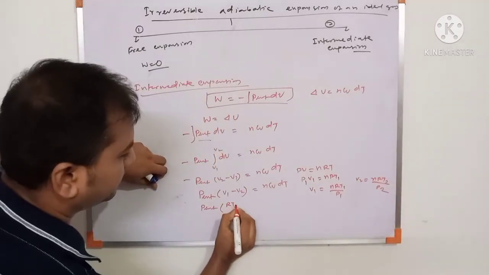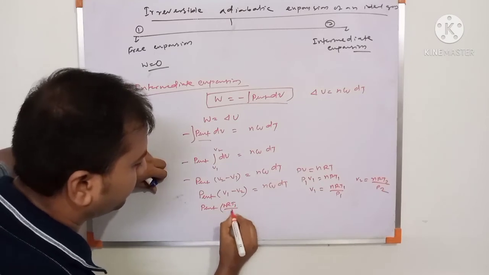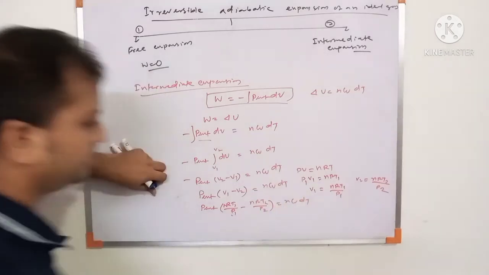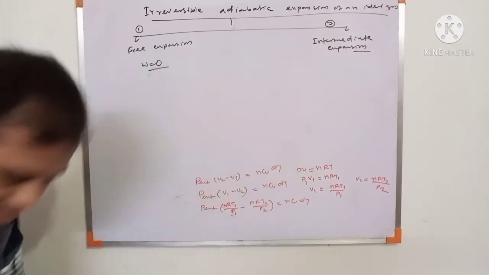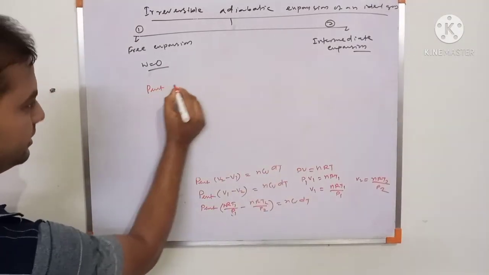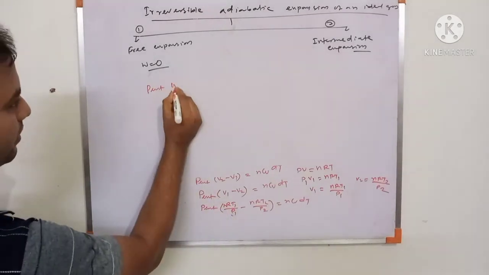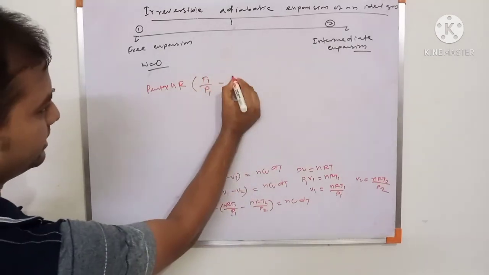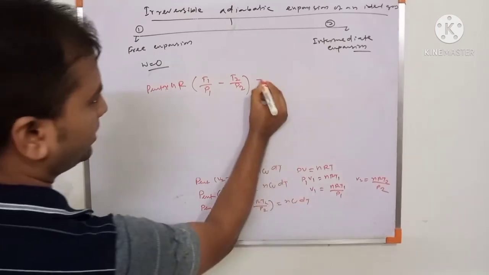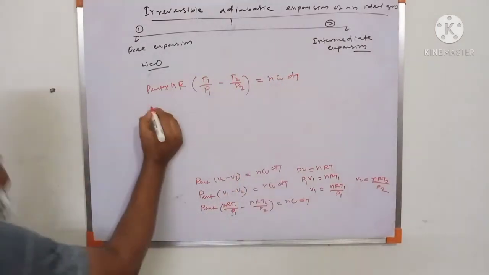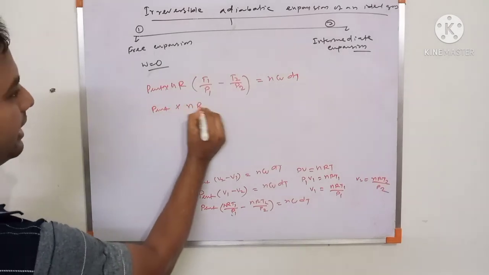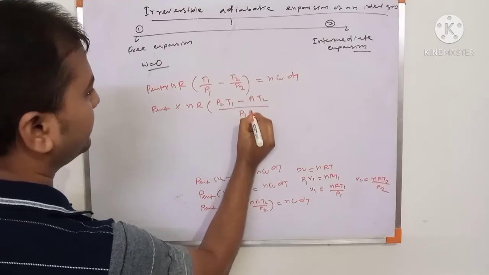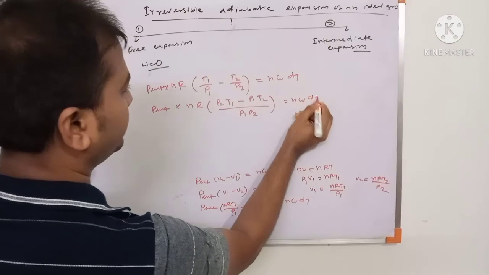So this is P external into nR T1 by P1 minus T2 by P2 equal to n Cv dT, equal to P external into nR into P2 T1 minus P1 T2 by P1 P2 equal to n Cv dT.